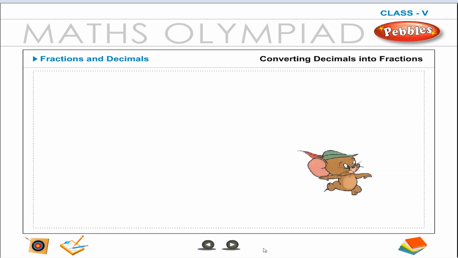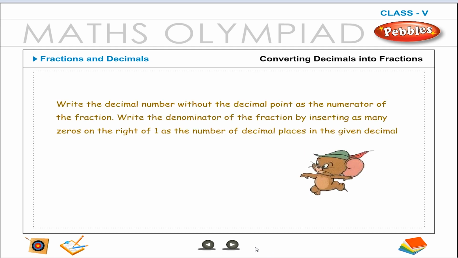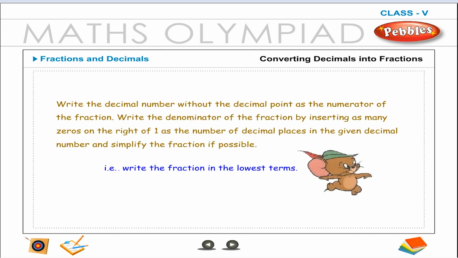Converting decimals into fractions. Write the decimal number without the decimal point as the numerator of the fraction. Write the denominator of the fraction by inserting as many zeros on the right of 1 as the number of decimal places in the given decimal number, and simplify the fraction if possible.